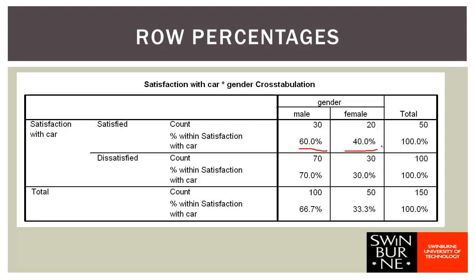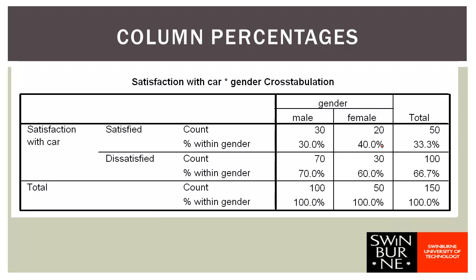This is quite an important thing when we're looking at these two-way tables, is making sure that we have the correct percentages, so either the row percentages or the column percentages, depending on what we're wanting to interpret. It's also one of the more challenging parts of dealing with these kind of tables, is being able to correctly interpret the percentages. So let's have a look at column percentages instead, because this is going to be much more sensible.